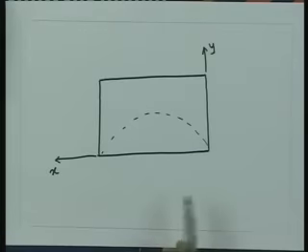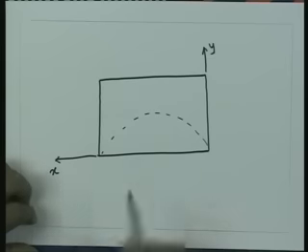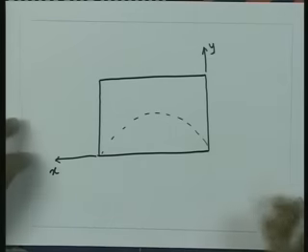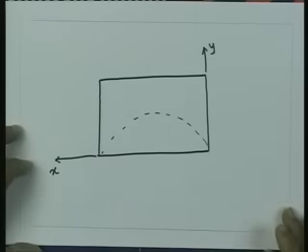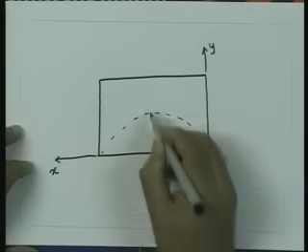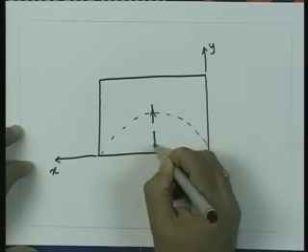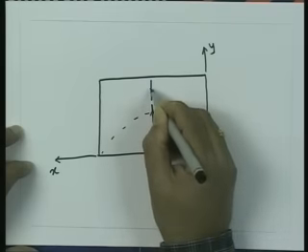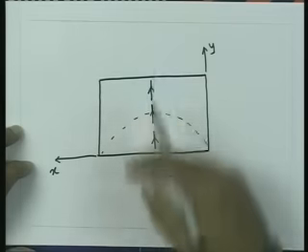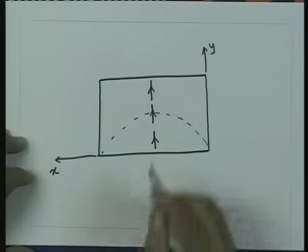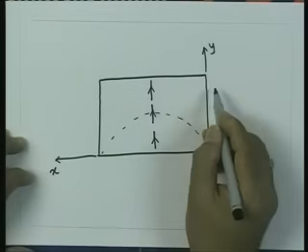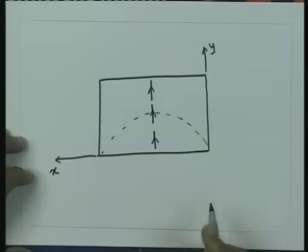If I want to represent this field now in terms of vectors or arrows, then here the arrows are large, the field is very large here, and in this direction the field is constant, so they have the same size of vectors. If I go in this direction, the field decreases.